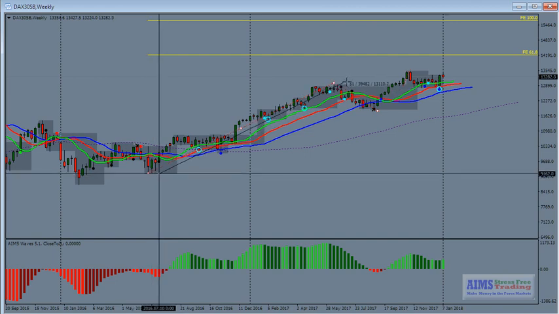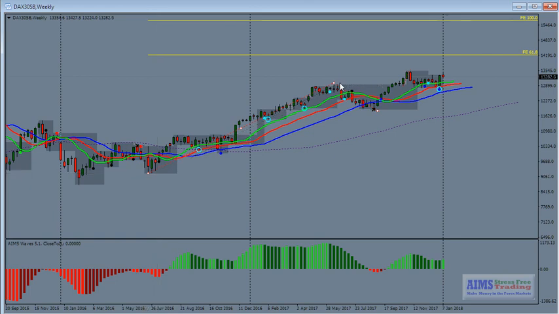So if this was a 10 point move up and this move down was no more than 5, but anything between 3 to 5 points down, then the next move up, starting from here, would most probably be around 62% of this move. If this was 10, then this might be between 6 points all the way to 10 points.